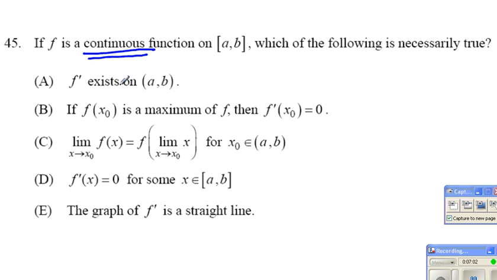Since it's continuous, one thing that we get to realize is choice C, which would have been the definition of the derivative, where the limit is equal to f of that particular value. Right? Now, alright, that's it.